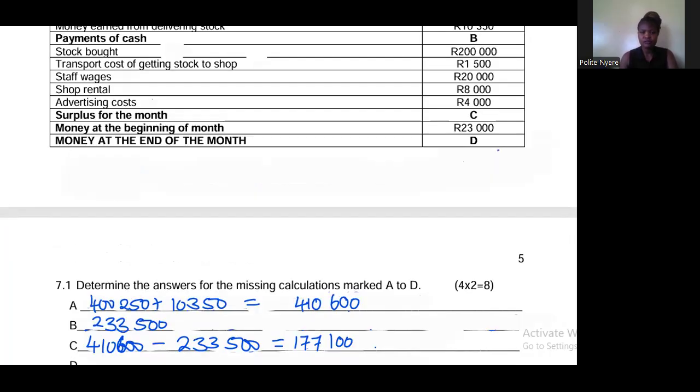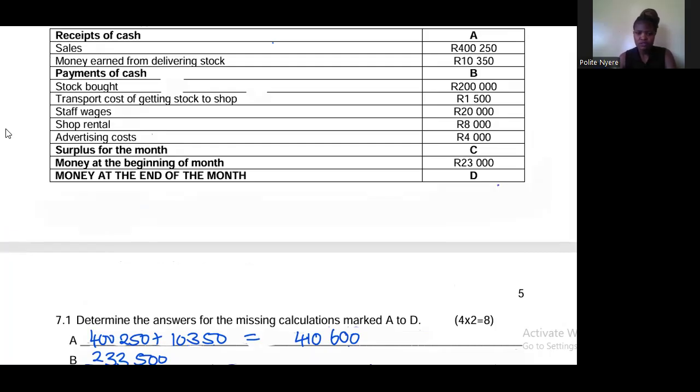And then D, they want us to find out the money at the end of the month. So we'll say surplus plus money at the beginning. We will find the surplus, which we calculated, plus this.